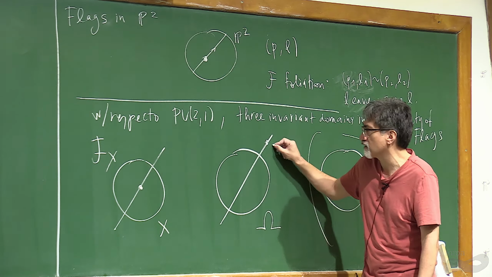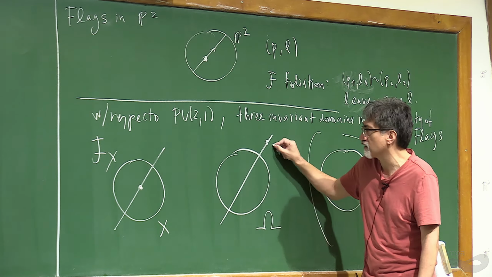And the intersection of my ball with this line is a disk. So I can consider the inversion along this line with respect to this disk. This is canonically defined, and it defines a point outside the disk.